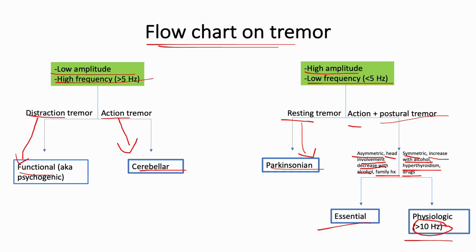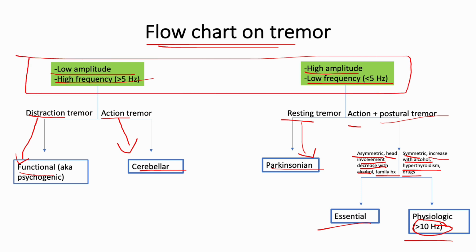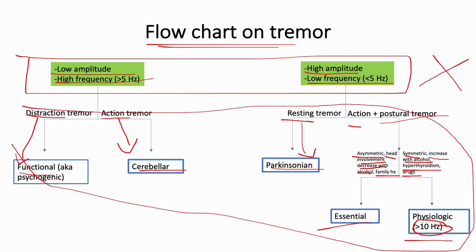And as a reminder, this first part of the flowchart, the amplitude and the frequency, is not really so important because you won't find this in so many questions. The most important part is the bottom part of this flowchart, which you will find in most of the question vignettes.